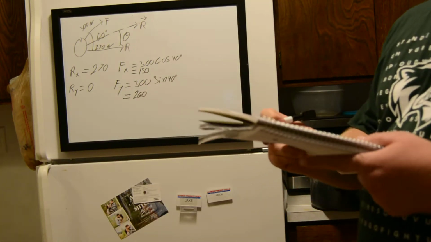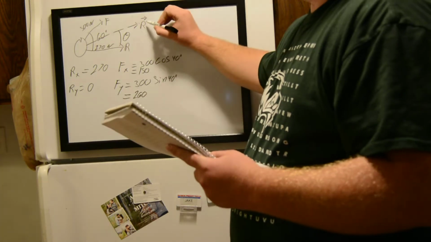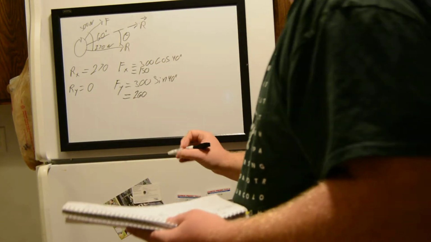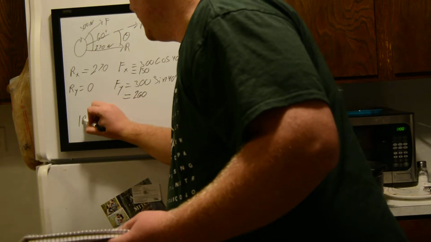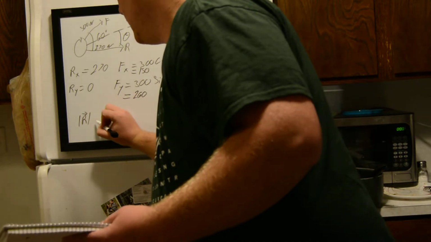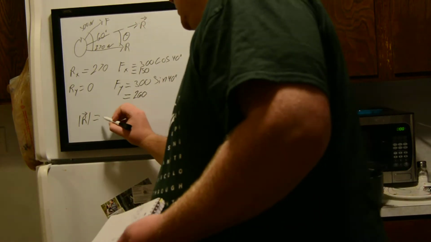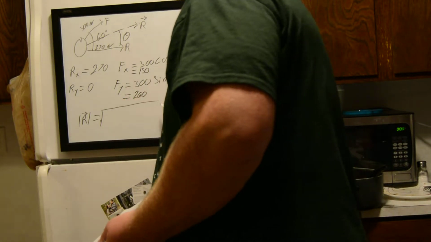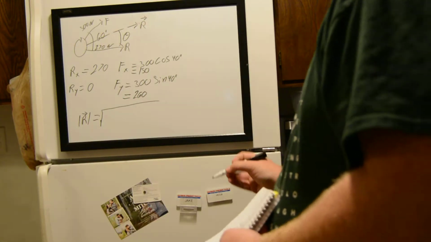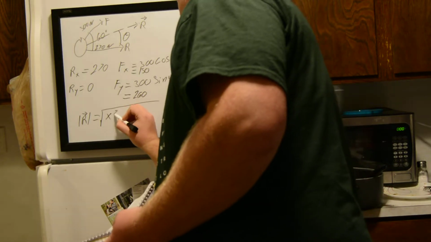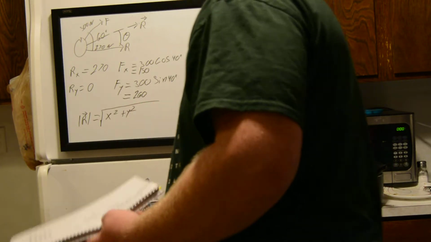And then the next step to find the magnitude of our resultant vector: we remember from Chapter 2 that the magnitude is equal to your x component squared plus your y component squared.